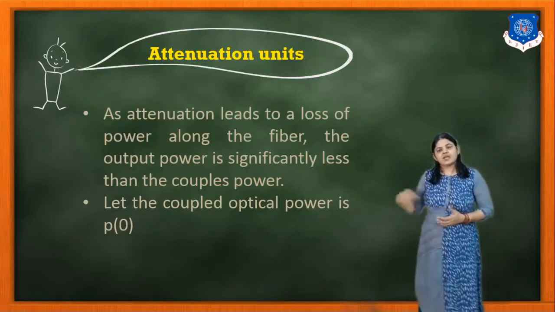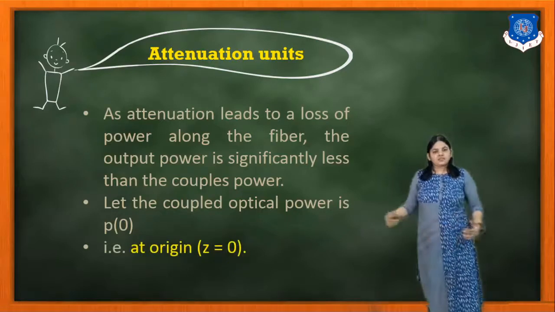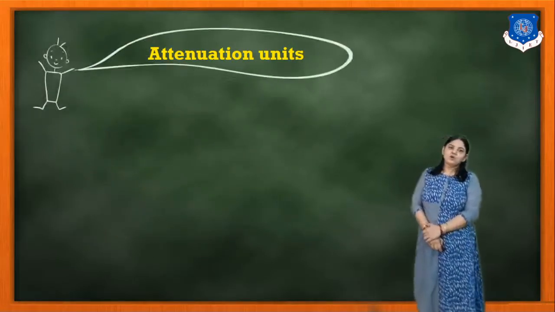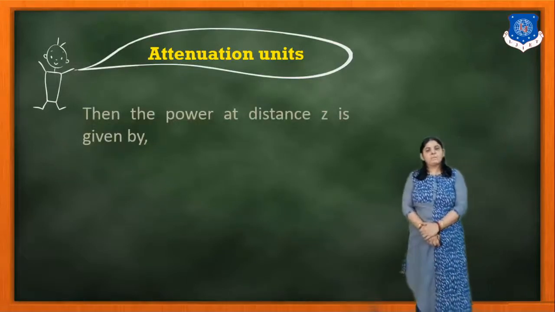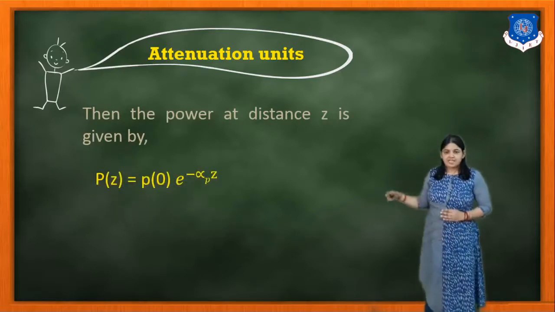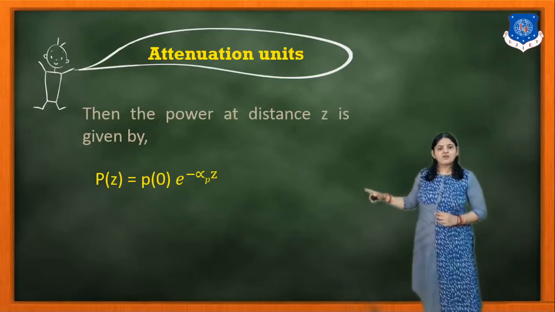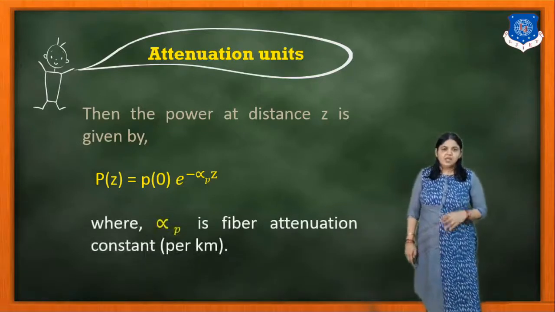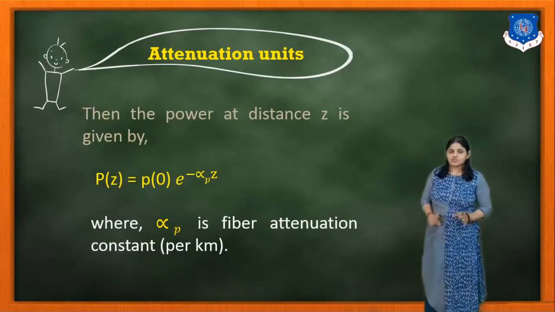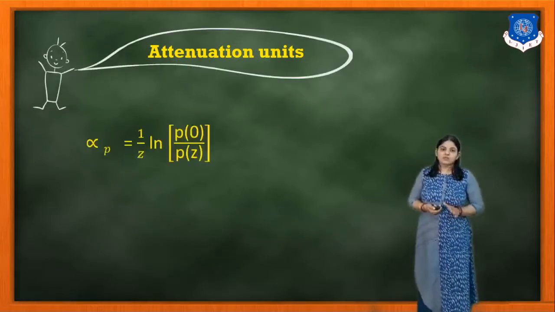Let the coupled optical power at the origin, where Z is equal to 0, be P0. Then the power at distance Z is given by Pz is equal to P0 e raised to minus alpha P into Z, where alpha P is the fiber attenuation constant per kilometer. It gives us the value per kilometer.